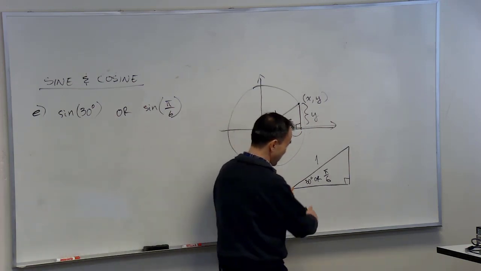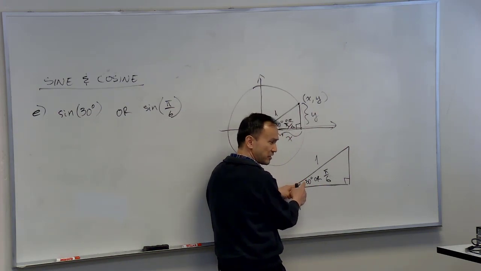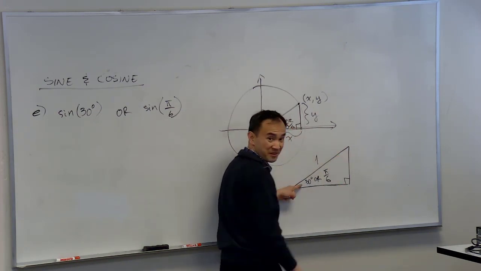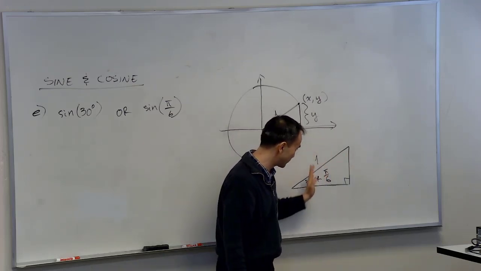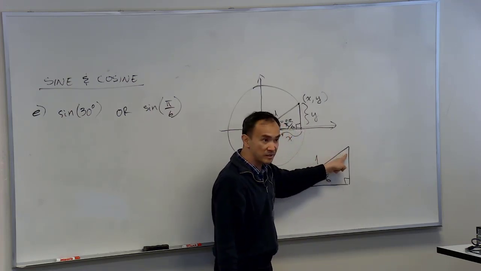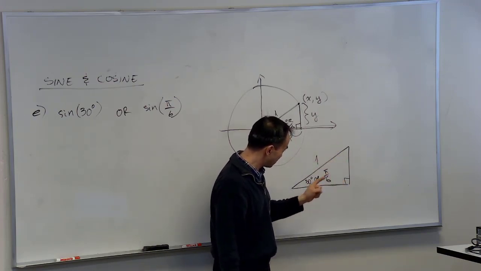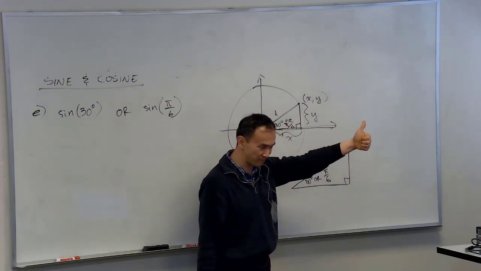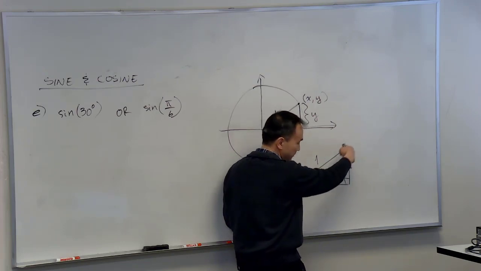In geometry, we commonly refer to this as a 30, 60, 90 triangle. 30 and 60, because that angle right here has to be 60, since the sum has to be 180. So 30 is here, 90 is there, and 60 is here. In a 30, 60, 90 triangle, the shorter leg is always, as a rule of thumb, half of the hypotenuse.